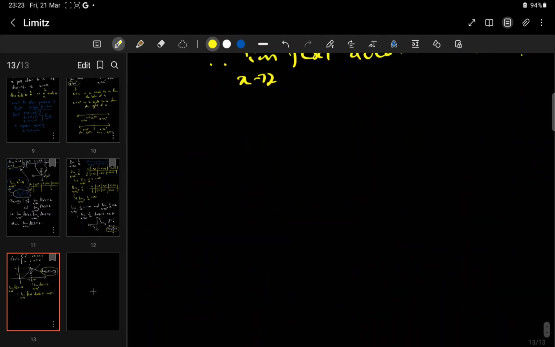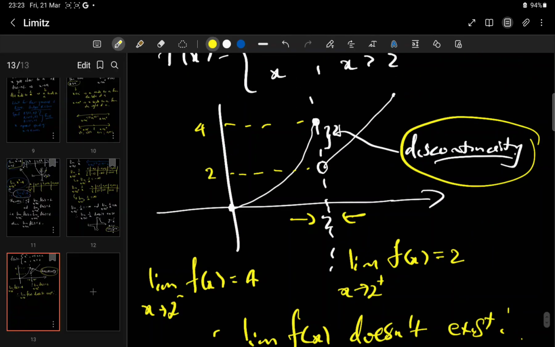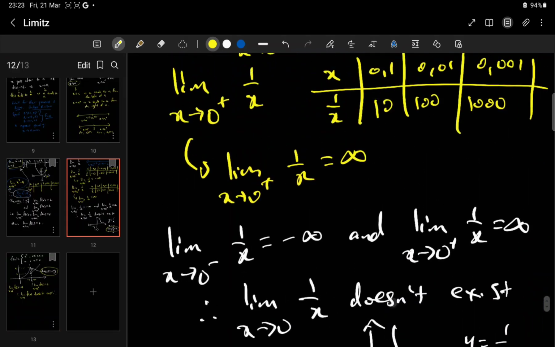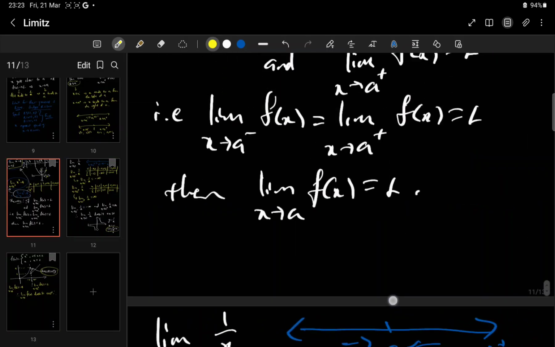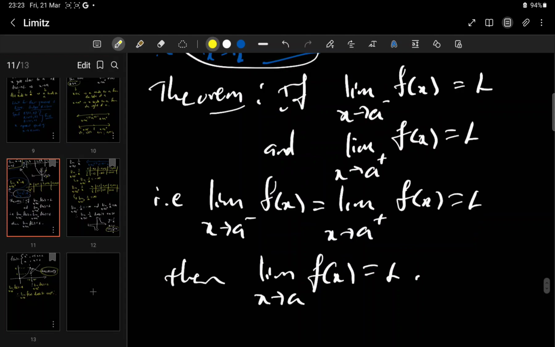So far I think what we have learned importantly is this theory here, which is very important in limits.